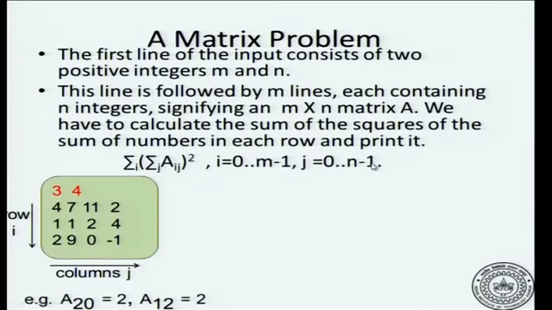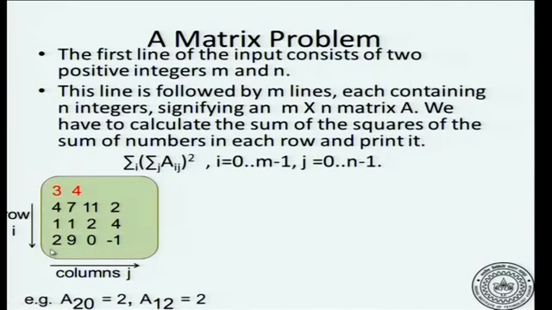So the input will be given as follows. The first number m represents that there are 3 rows. The second number represents the number of columns in each row, and then this is followed by a matrix of size 3 cross 4. Now the numbering is given as follows. For example, if you have A20, this means second row, 0th column.